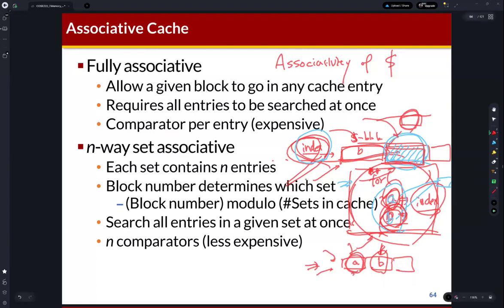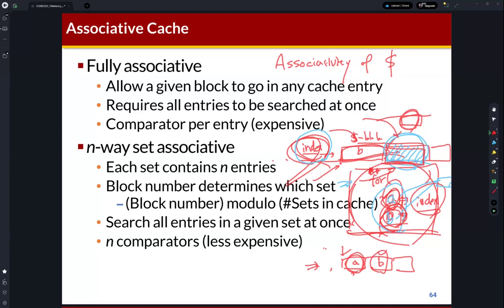So what are the characteristics of this cache? What is changed for the same index of the cache? This cache can include multiple blocks.